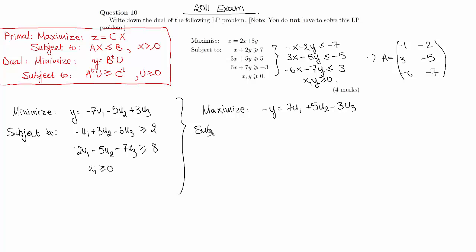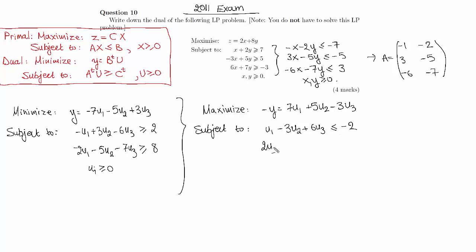And that will be subject to, again, in order to turn these into less than or equal to inequalities, we just multiply by -1. So we will have u1 minus 3u2 plus 6u3 is less than or equal to -2.